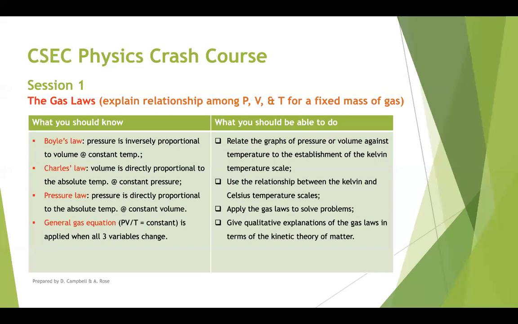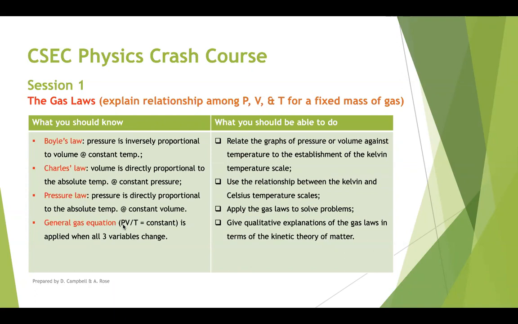The general gas law or the general gas equation is what is applied when all three variables change and the only thing that is kept constant is the mass of the gas. So basically it states that for a fixed mass of gas, if there is a change in the pressure and the temperature, the pressure is directly proportional to the temperature and inversely proportional to the volume.